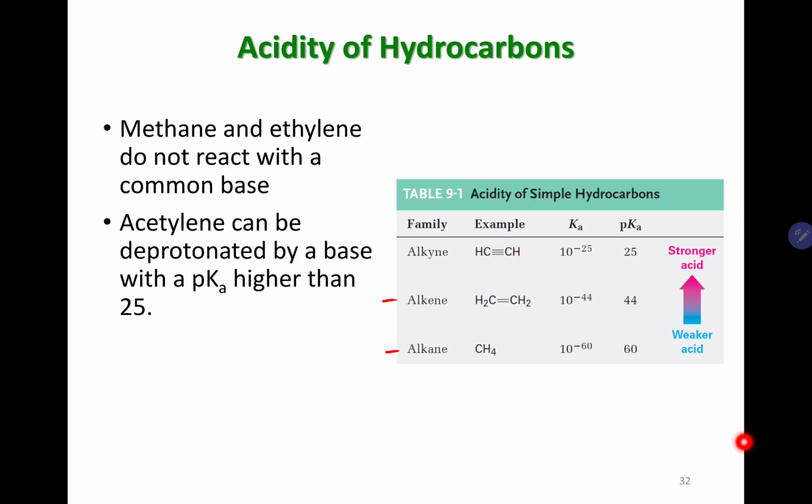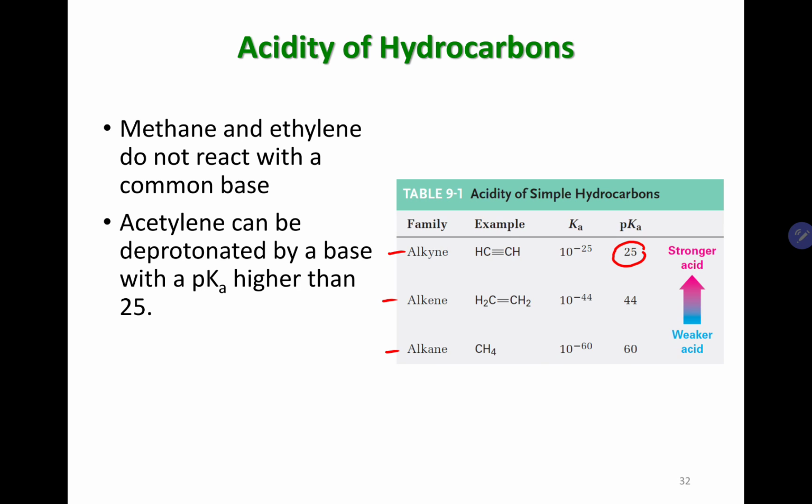So they are extremely weak acids, and it is very hard to find a base strong enough to convince alkanes or alkenes to lose a proton. But when it comes to alkynes, the pKa is still high, around 25, but it is manageable.